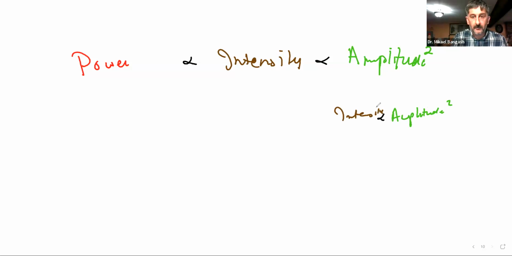And which also will mean that power is directly proportional to the same amplitude squared.